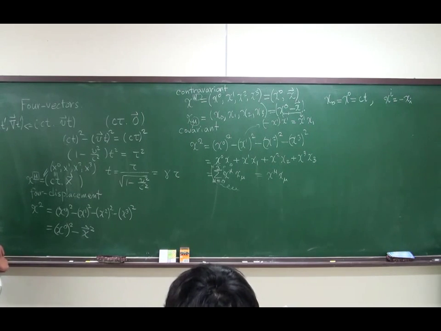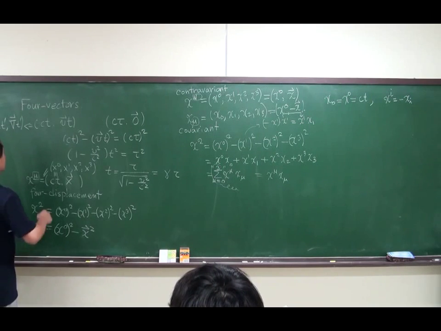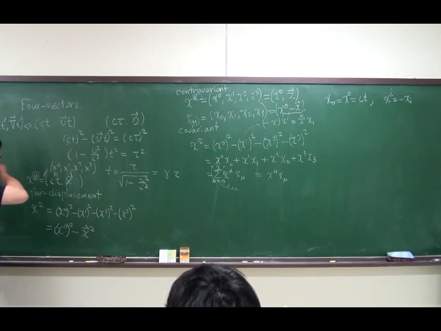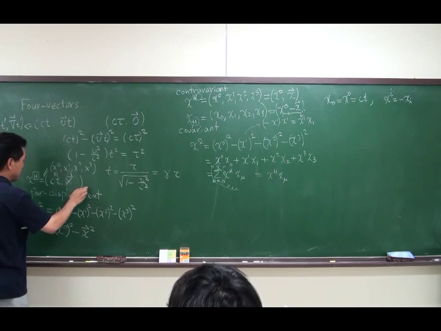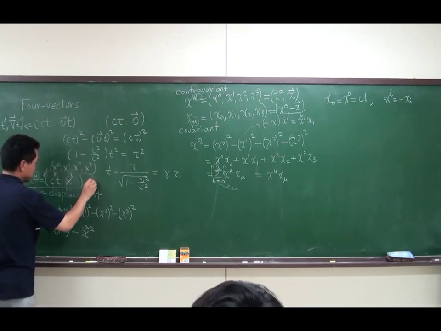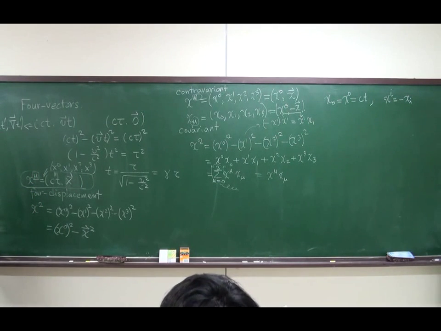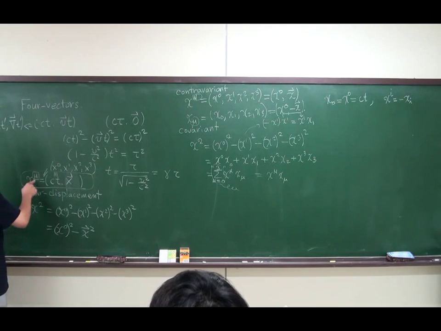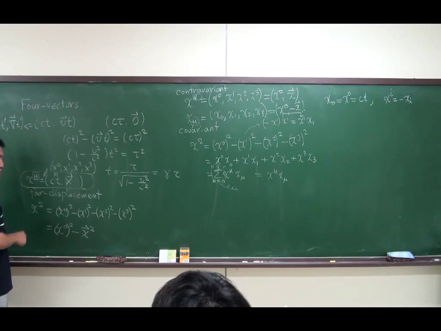So, as a summary, what is a 4 vector? We don't know exactly yet. First of all, 4 displacement that indicates the time and space of a particle's event is a kind of 4 vector.